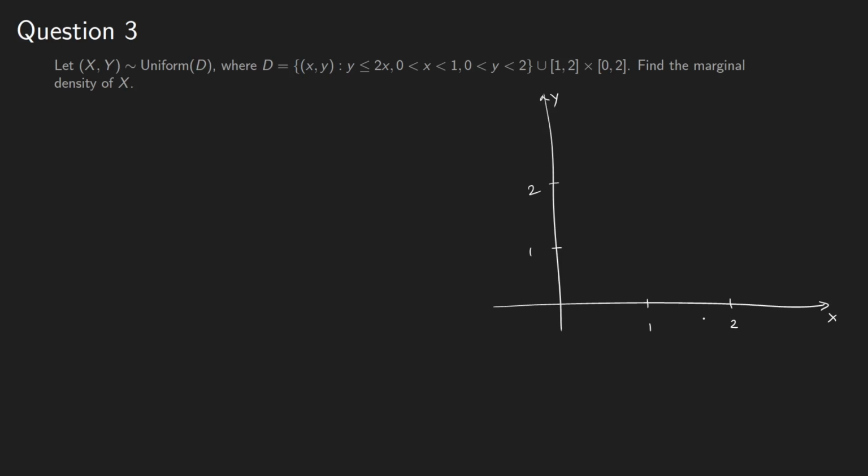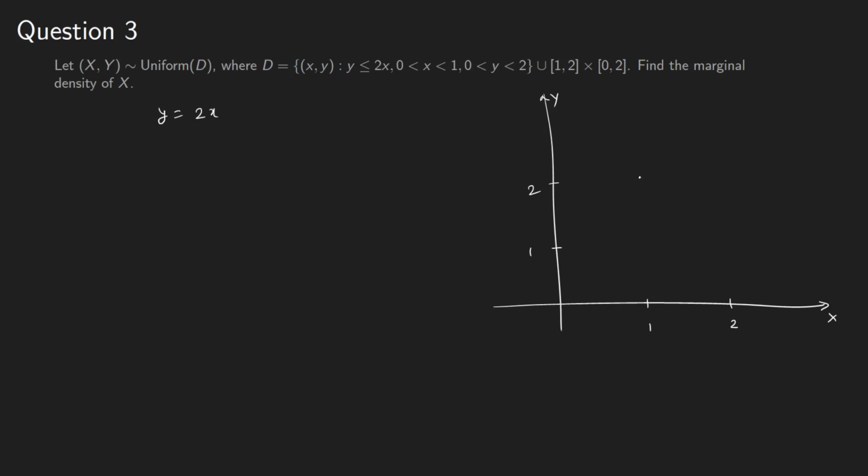I'm not writing points beyond 2 in the graph because in all the situations, the limit for the random variables x and y, you can see, is only up to 2, so we can ignore beyond 2. So first of all, we have a line y equals 2x.